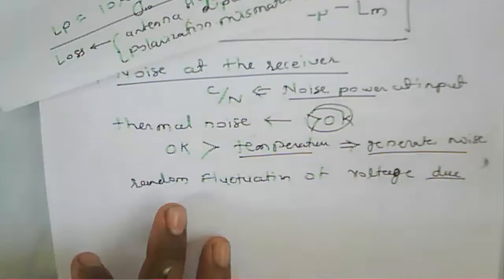That is why noise is a fluctuation of voltage, around 0 volts.